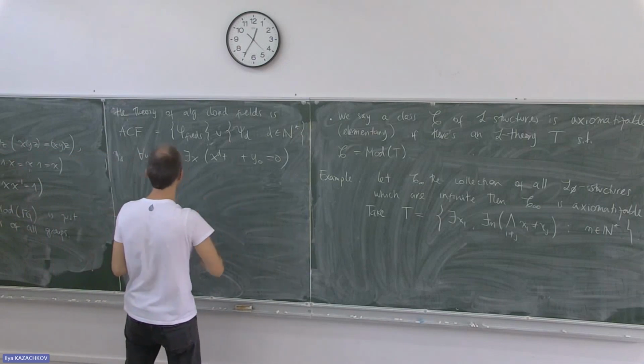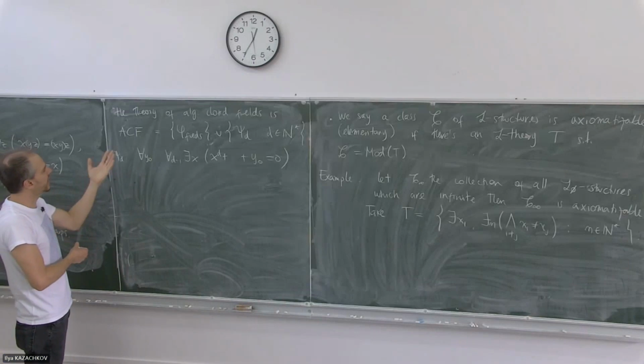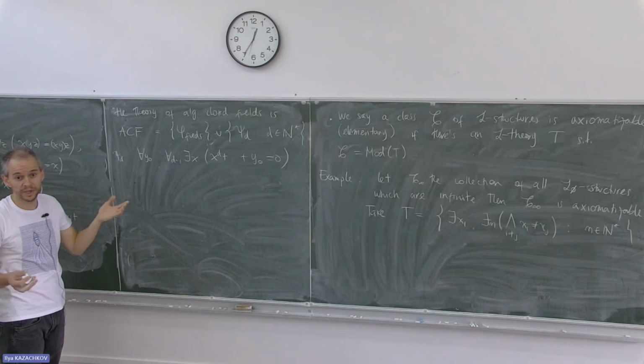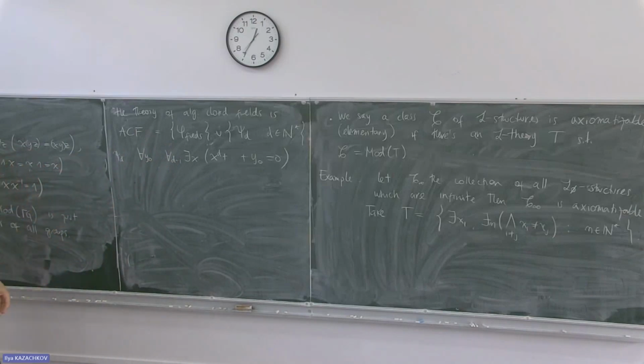So this is actually the theory of algebraically closed fields. And what we just said is that any field satisfying these axioms has to be algebraically closed, so the collection of algebraically closed fields is axiomatizable. We have exactly the axioms of this.